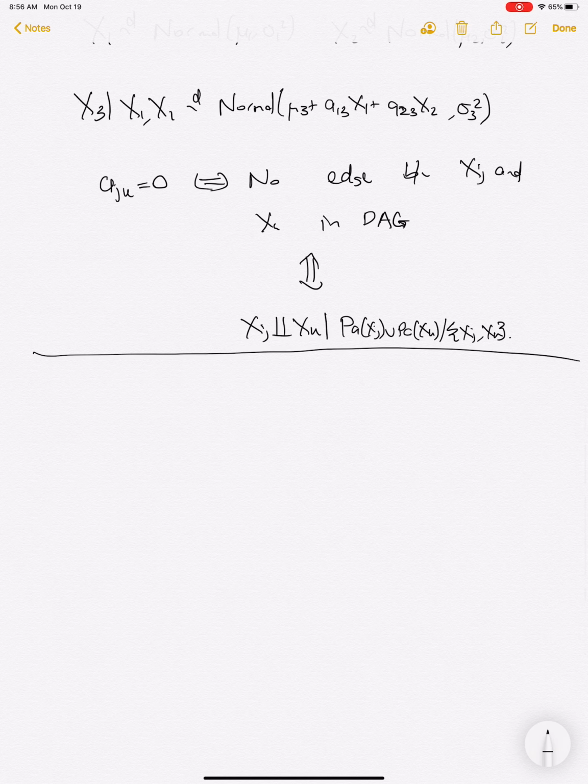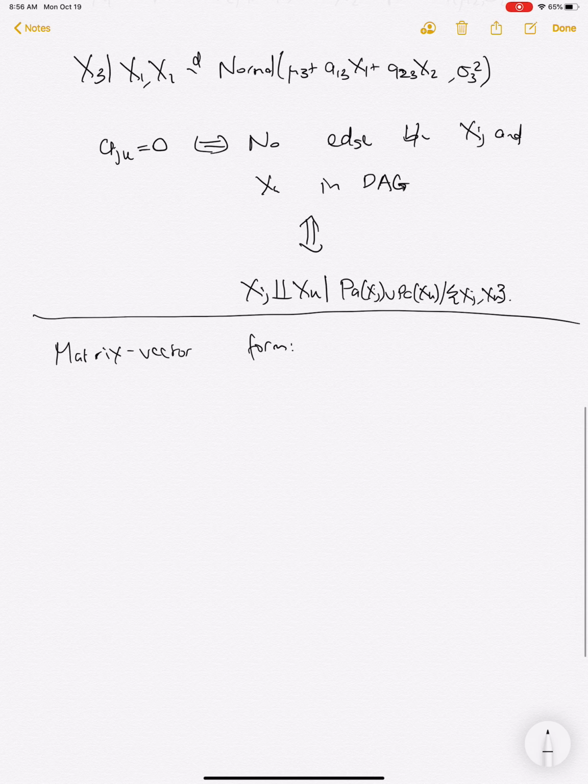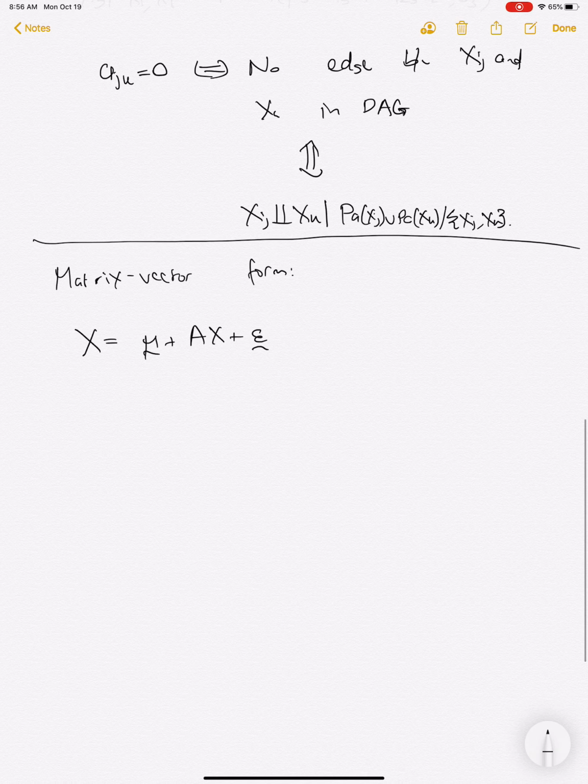Okay, and the other thing that we learned in the previous lecture was the matrix vector form, which we wrote out as follows. Here mu is equal to mu1, mu2, up to mu p, so this is in R to the p.